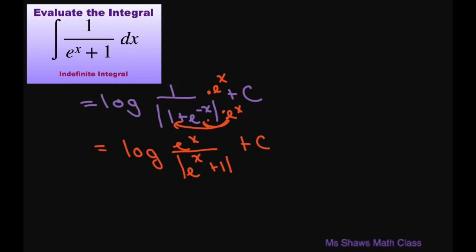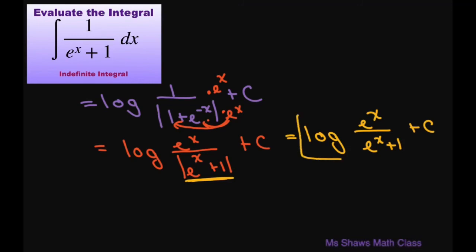Now, since this is always positive, we can get rid of the absolute value signs. So now we have log of e to the power of x divided by e to the power of x plus 1 plus c. This is a legitimate answer as well.